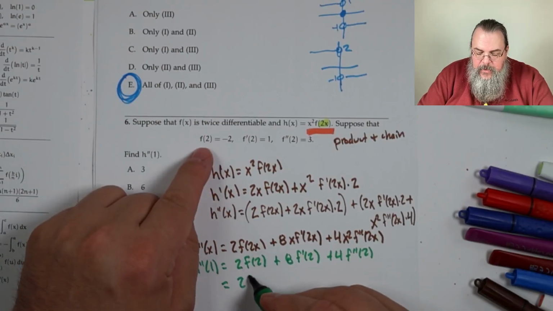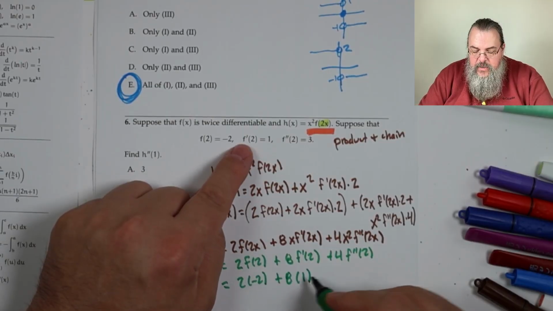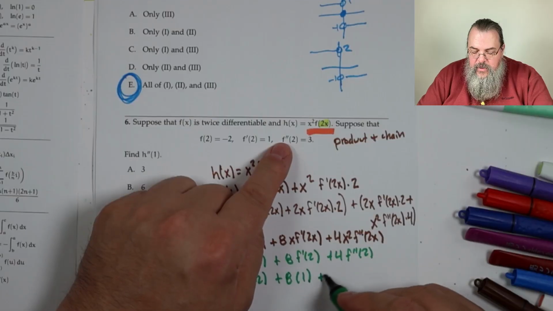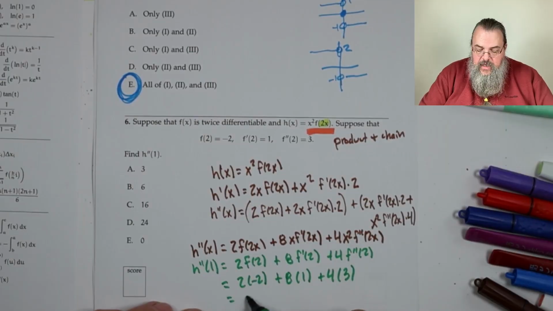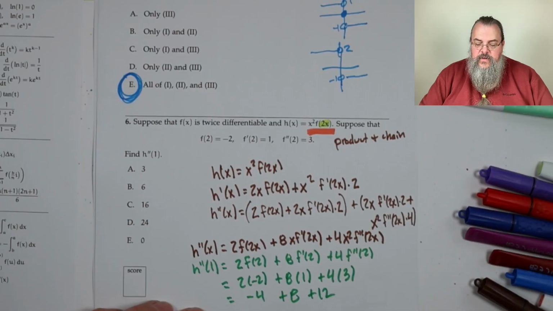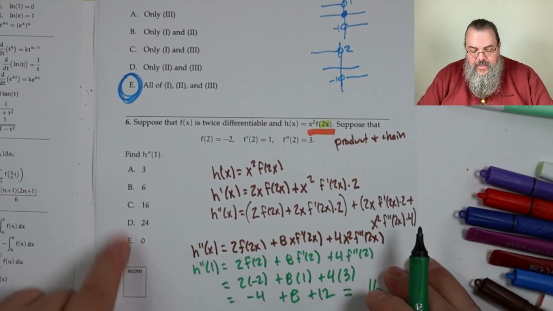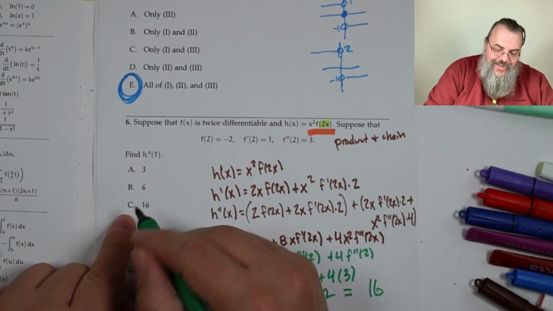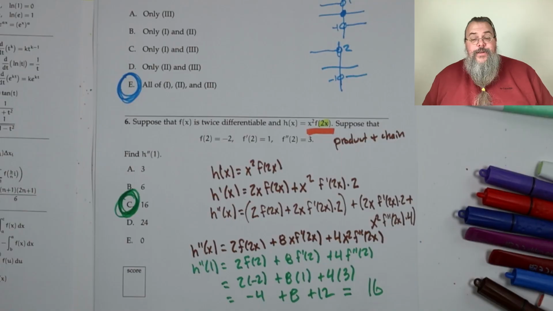So we have 2 times negative 2 plus 8 times 1 plus 4 times 3, which makes this negative 4 plus 8 plus 12. And that gives us a grand total of 16. Is that one of our options? Yes. All right. So that's C.